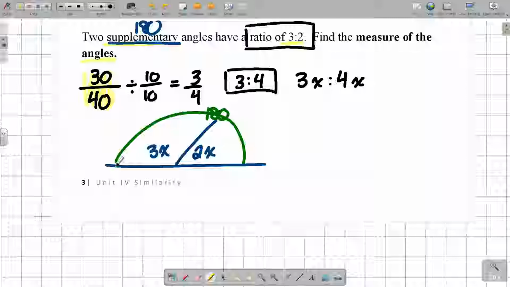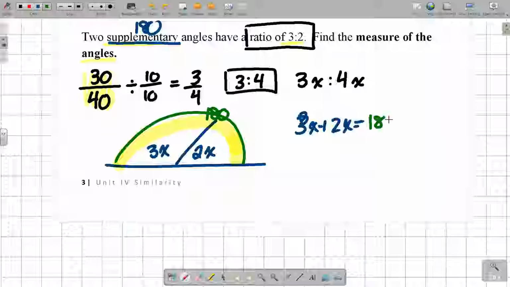Go ahead and trace with me. That means 3x, trace, finger on paper, plus 2x equals 180. Go ahead and solve.